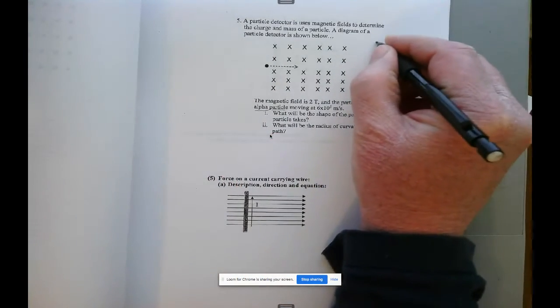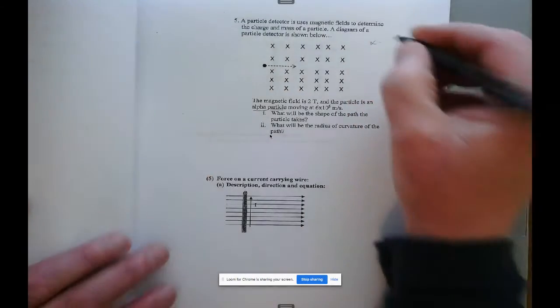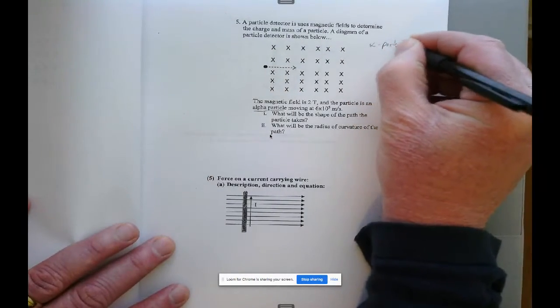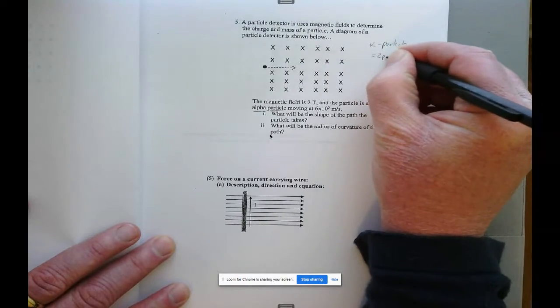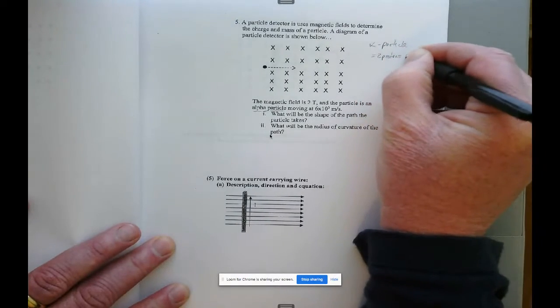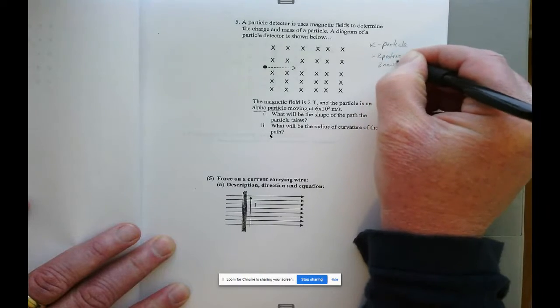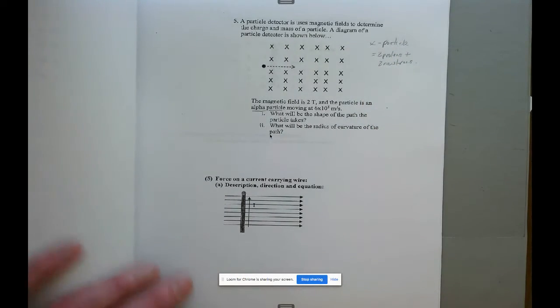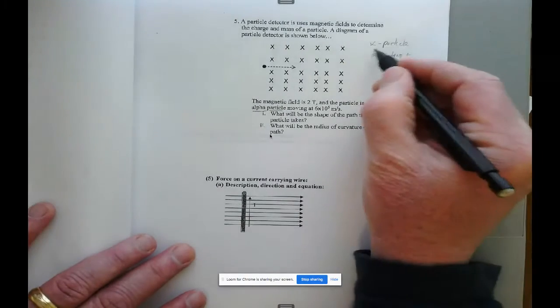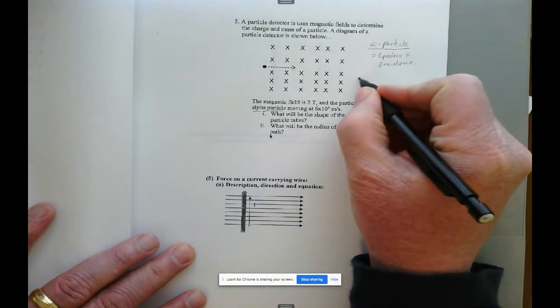So I'm going to do that over here, maybe an alpha particle is basically 2 protons and 2 neutrons. All right, so we're going to have to find the mass of the alpha particle and its charge.